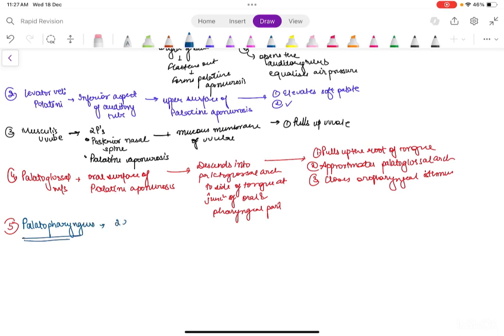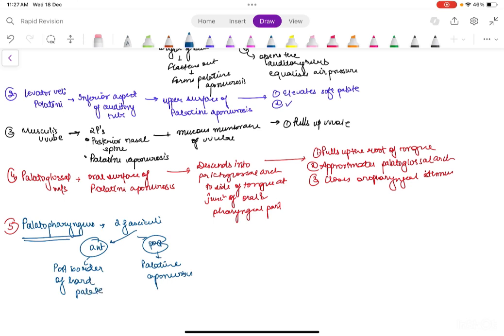Now in this you have to remember that it has two fasciculi, one anterior and one posterior. The posterior arises from the palatine aponeurosis and the anterior arises from the posterior border of the hard palate.